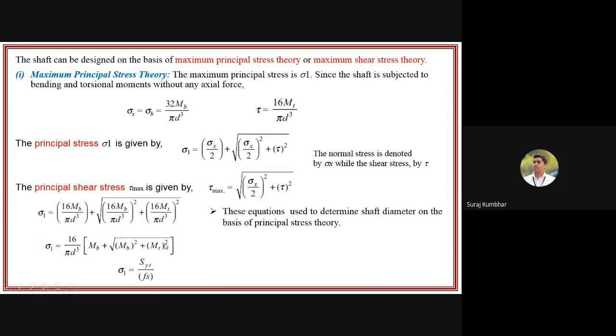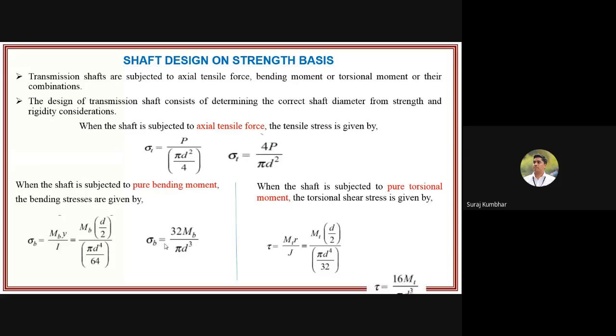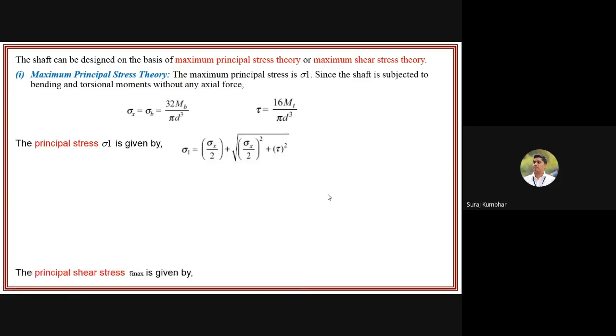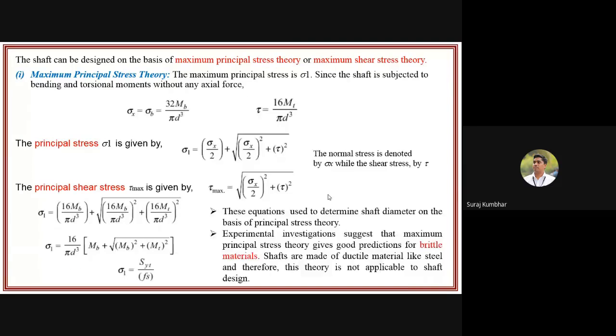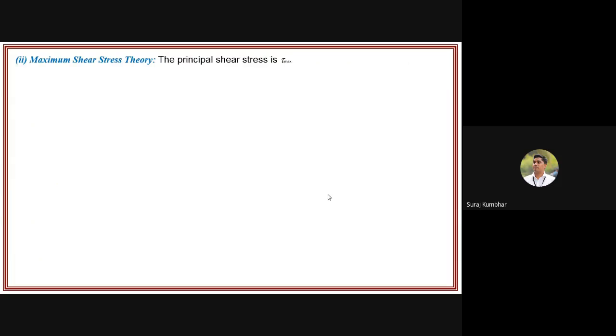And first was the design of a shaft on the basis of strength, that is, if it is a pure bending moment, a pure torsional moment, or an axial tensile force. So these are the formulas we have seen today. This is about the maximum principal stress theory and the maximum shear stress theory.